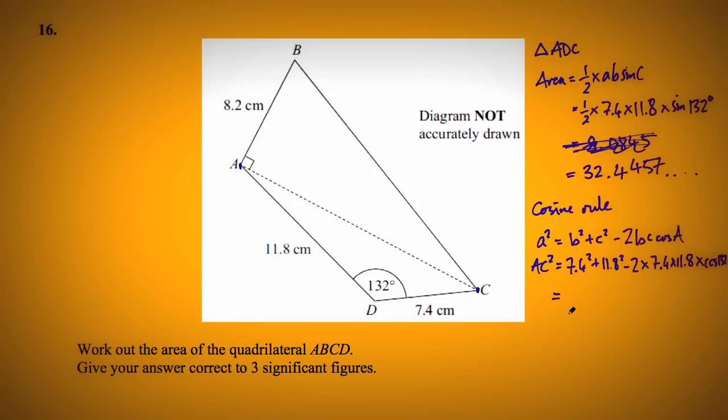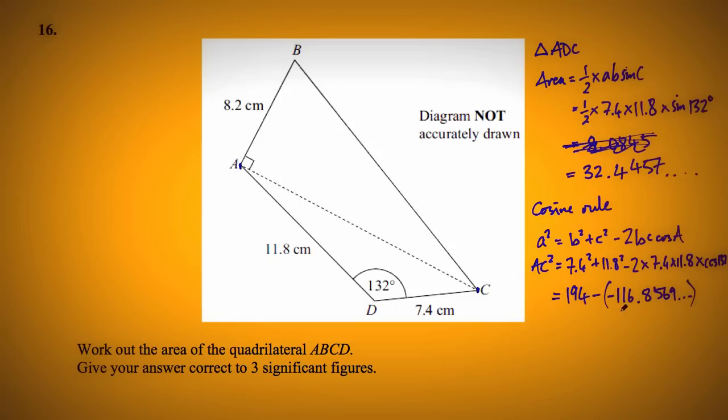So I'm just going to work this out stage by stage. 7.4 squared plus 11.8 squared is 194 minus, so cos 132 is minus 0.66, so I've got to be aware of the negative number as I do this. Multiply it by 11.8, multiply the answer by 7.4, multiply the answer by 2, and that is minus 116.8569.